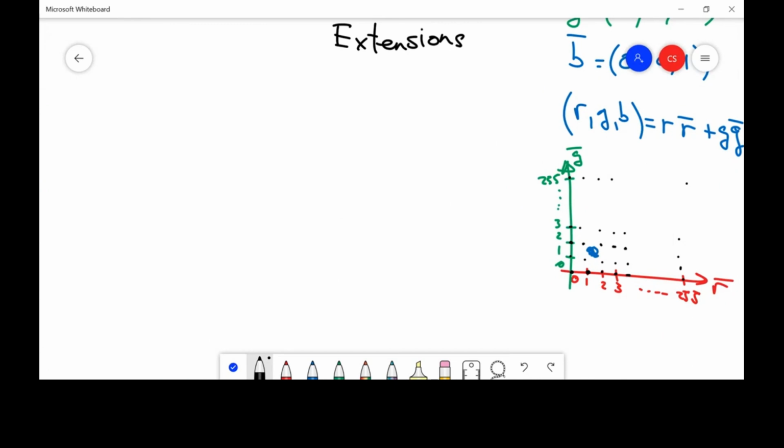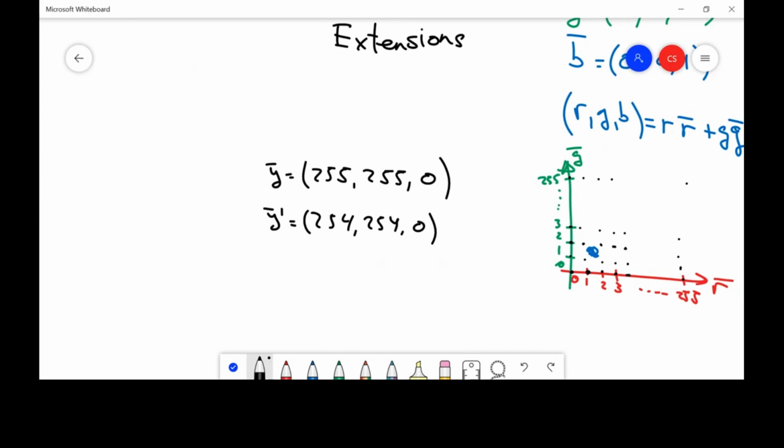I have the vector yellow, that is my new point. My new point will be red plus green. So this is my yellow. And then I could have different kinds of yellow. So I could have yellow prime, that could be, I don't know, 254, 254, 0.